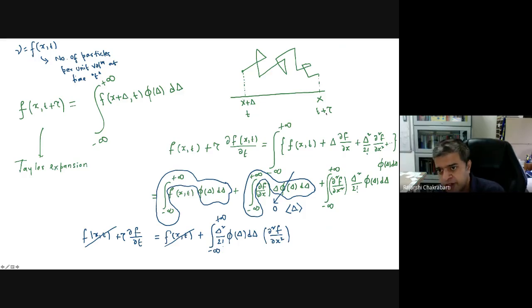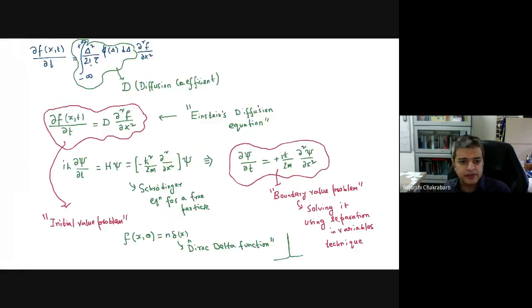At time t plus tau, we have a position x. Then how the distribution changes from here to there is given by this. I multiply this with some jump function and integrate over all possible jumps. Jumps could be negative or positive. Jump is this delta. And then we end up deriving this equation, which is called the Einstein diffusion equation.